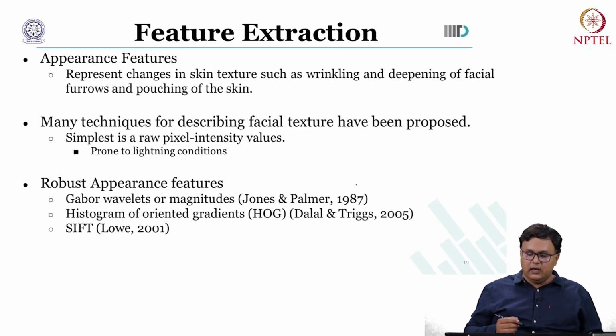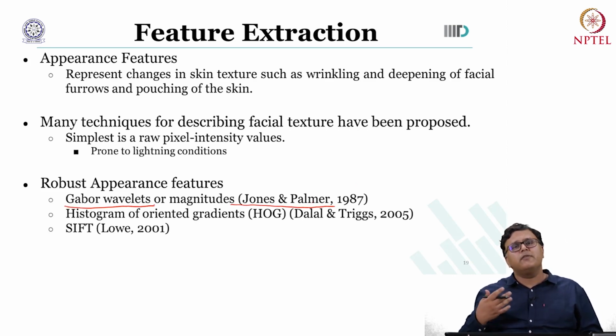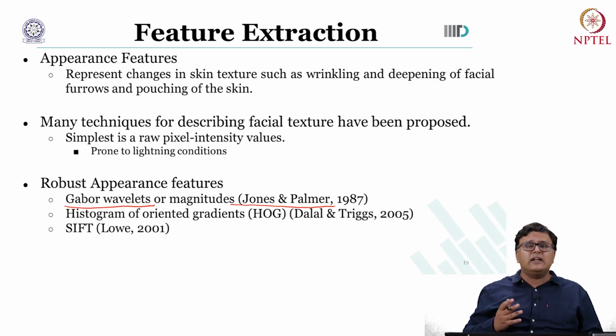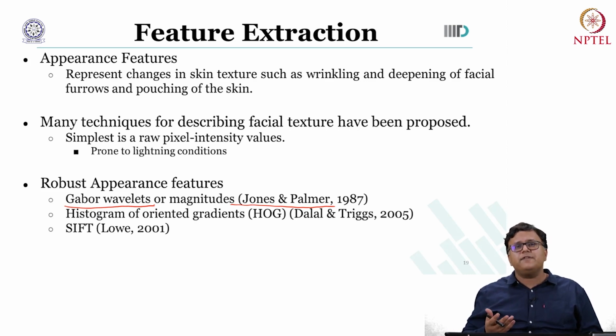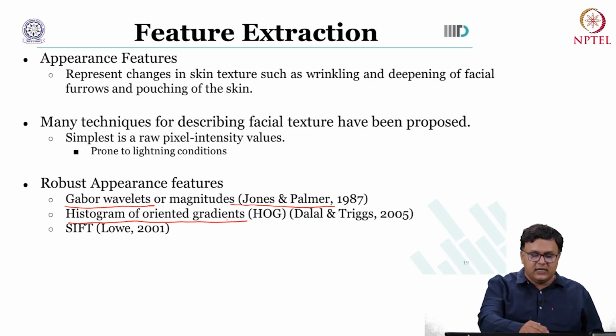Researchers have used the standard Gabor wavelet filters to look at the different orientations, the different changes in the facial expression when you apply different filters, and then do a histogram-based representation or similar representation. Or the more popular ones, for example, the histogram of oriented gradients and the scale invariant feature transform. Now let's discuss these two.